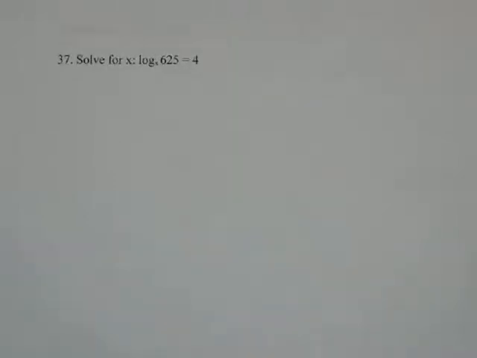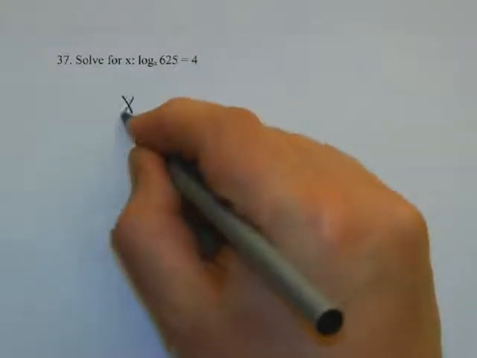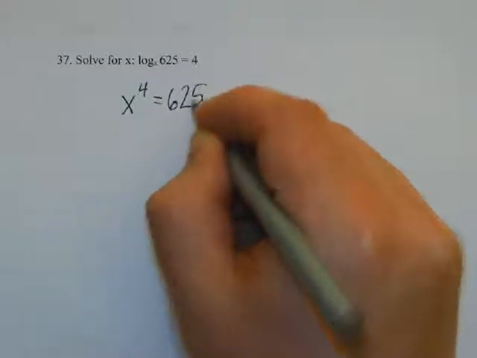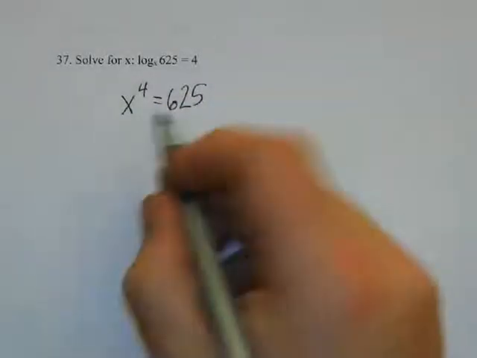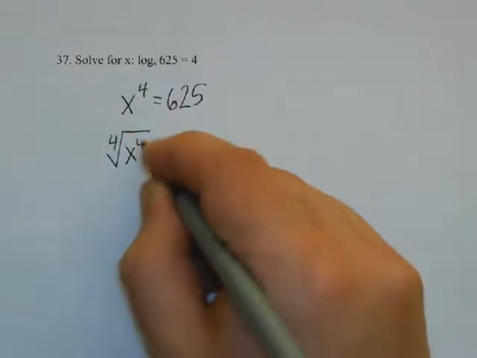Number 37, another log equation. So if we rewrite it as an exponential, it'll make it a little bit easier. So the base x to the 4th power equals 625. So we can undo this with the 4th root.